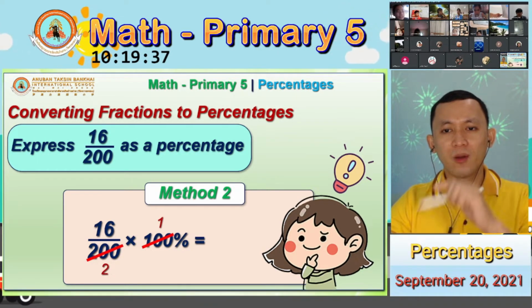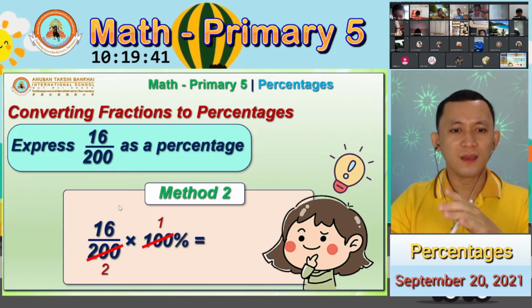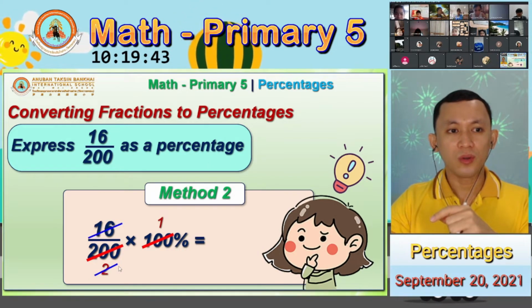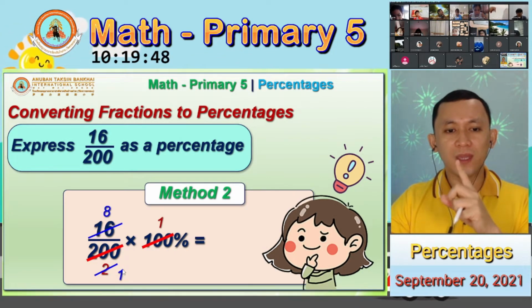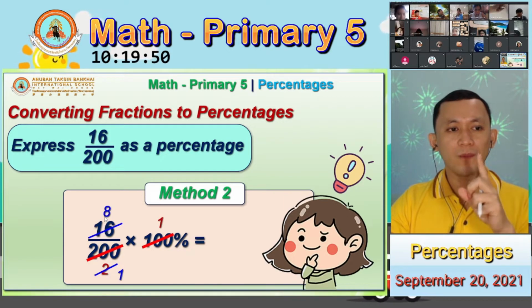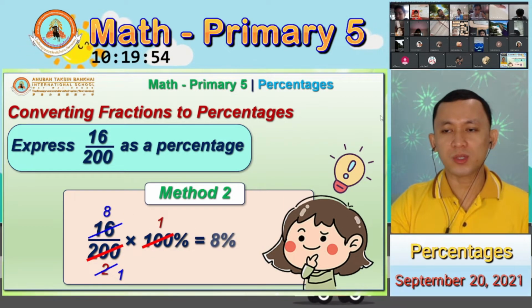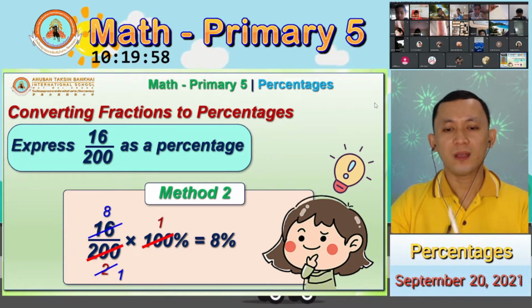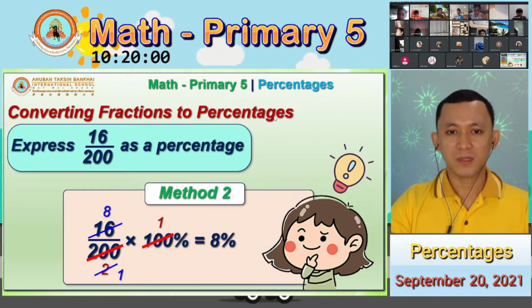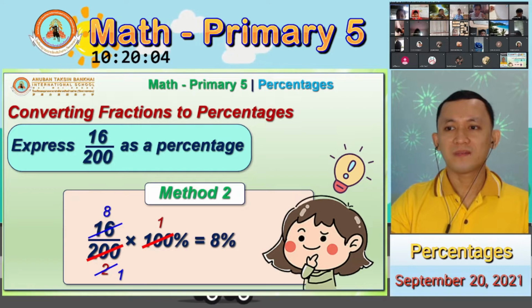Now let's simplify again. 16 and 2, so 2 became 1 and 16 became 8. Now let's multiply. 8 times 1, of course, we have 8. And then we copy the percent sign. We have 8%. Very easy.